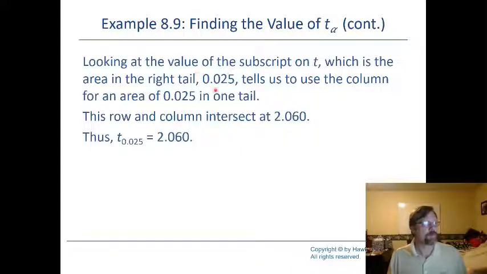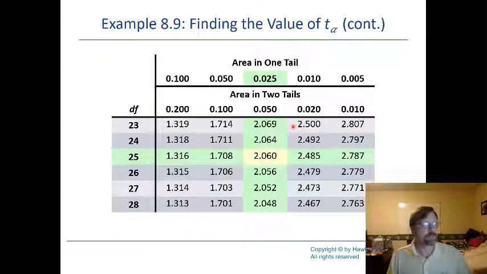It's 0.025, and this intersects at 2.06. So our critical t value is 2.06. Area in one tail of 0.025, degrees of freedom 25, there's our intersection.